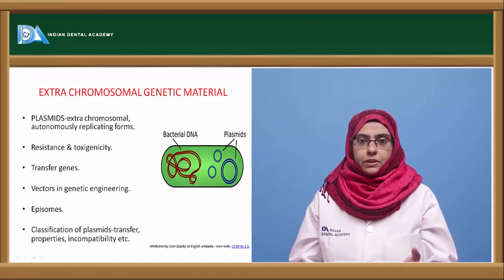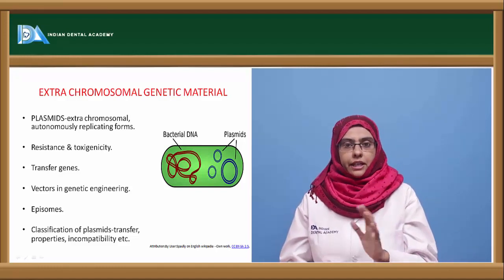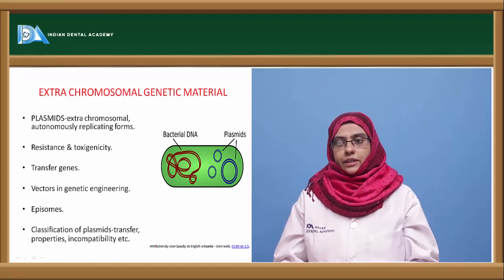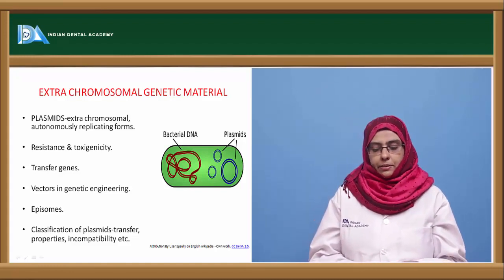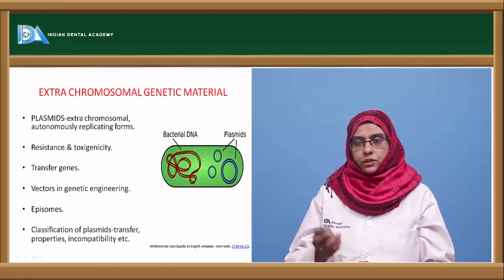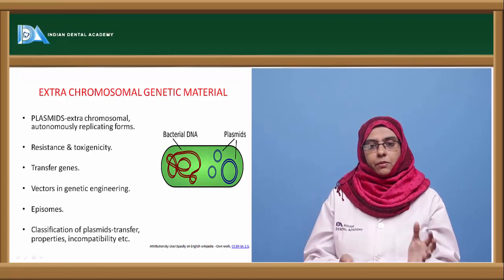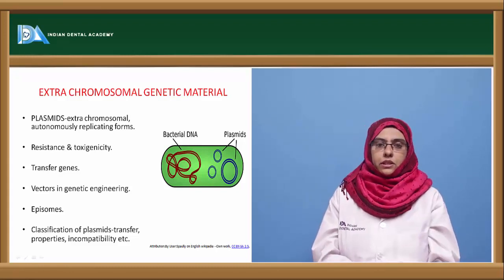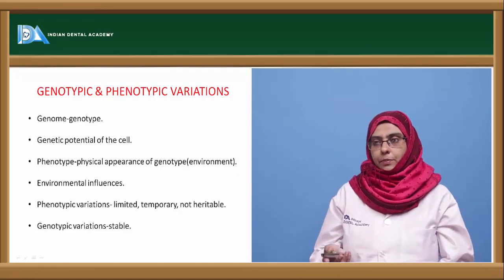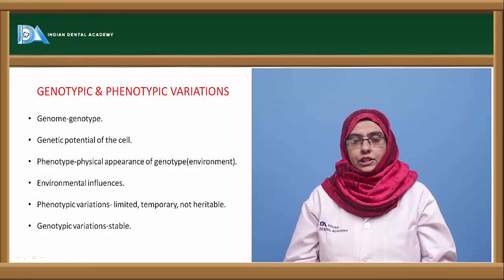Closely related plasmids cannot coexist in a cell and cannot be stable, whereas unrelated plasmids can coexist in a cell. And the most important characteristic feature of plasmids is that they confer certain properties to the host to survive in a particular environment.